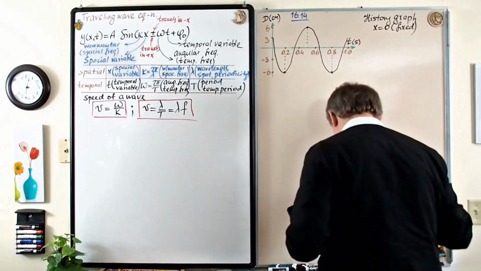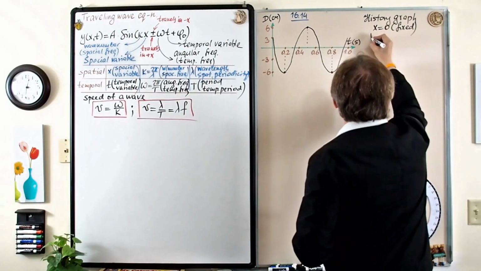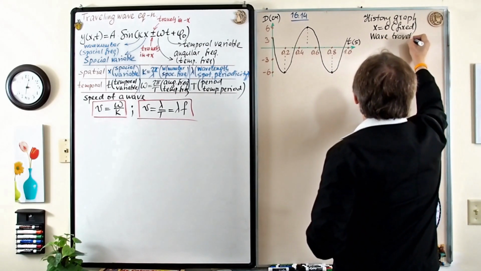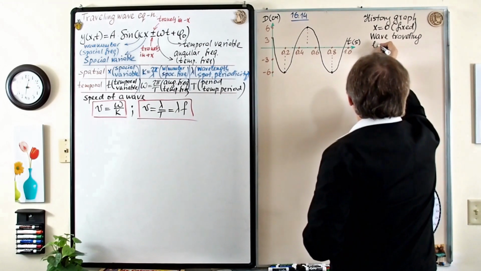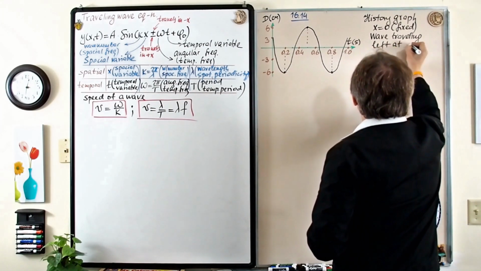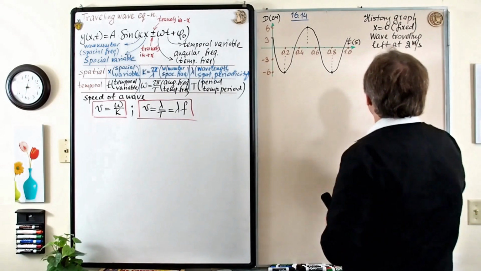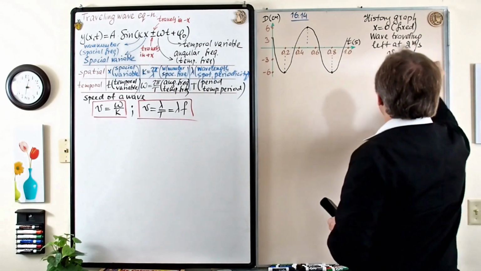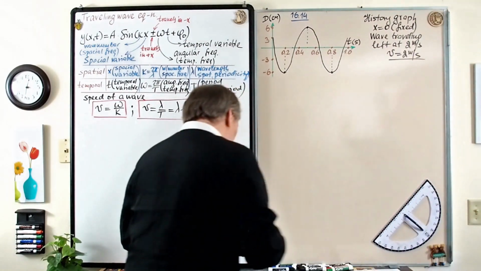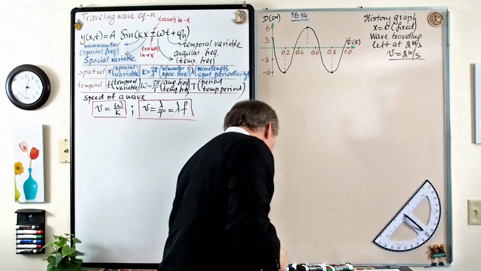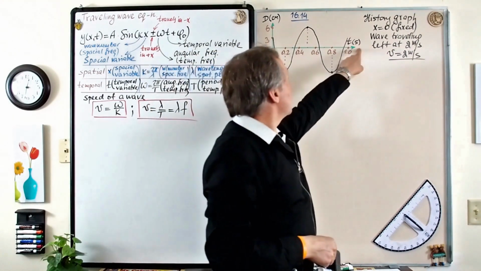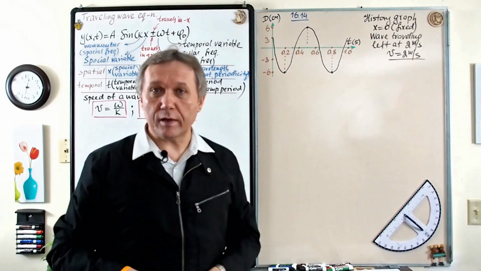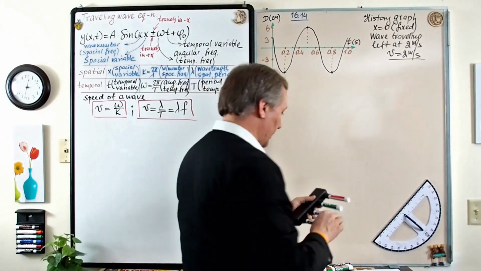So, wave traveling left at 2 meters per second, so v equals 2 meters per second. I think we have everything. Time is in seconds, and displacement d is in centimeters. We need to find a bunch of parameters, so let's start with the first one.